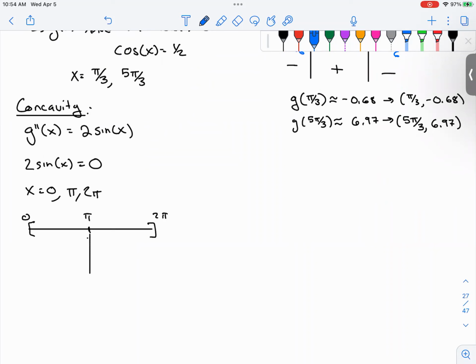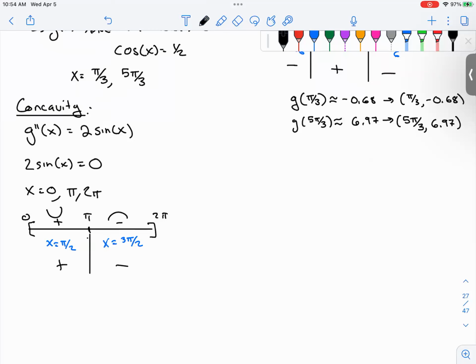I would recommend pi over 2 and 3 pi over 2, since sine is very nice at pi over 2 and 3 pi over 2. 2 sine of pi over 2 is 2 times 1, that's 2, so it's positive, and we're concave up here. Got to smile. At 3 pi over 2, sine is -1, so it's going to be negative there.